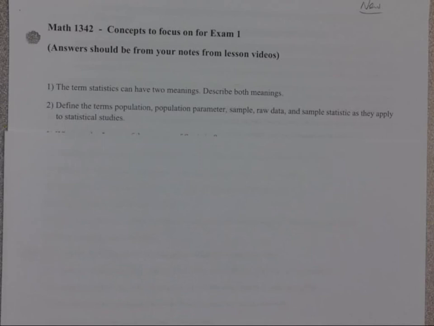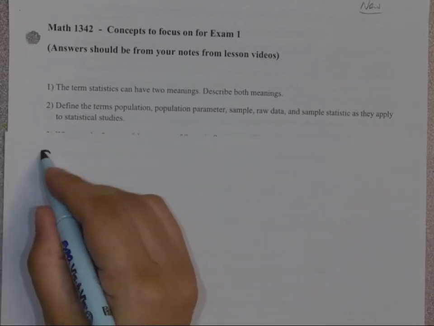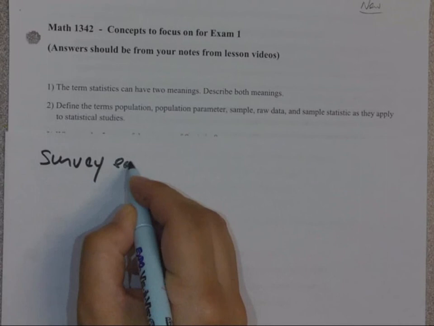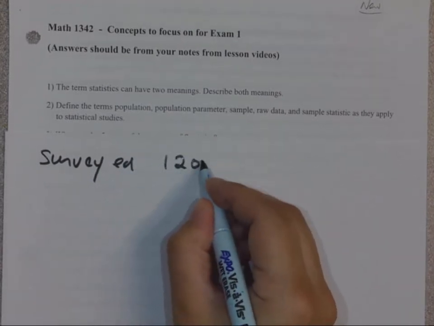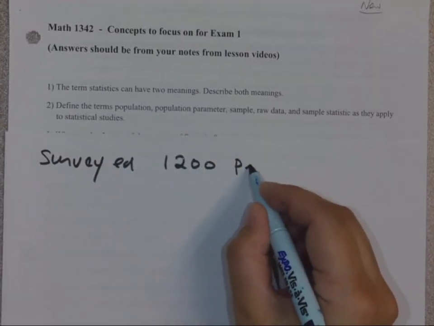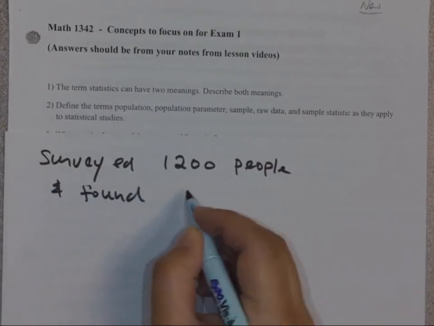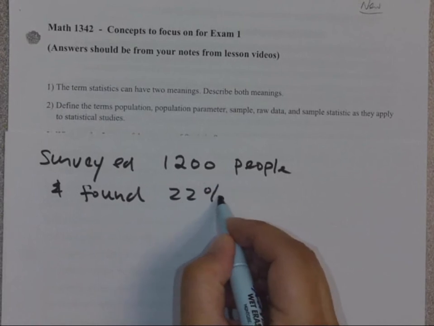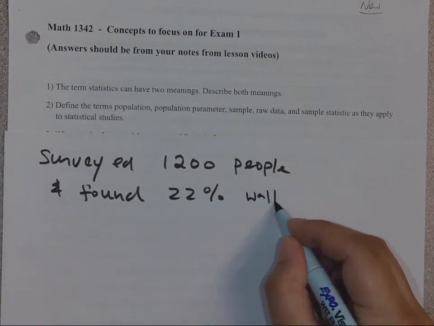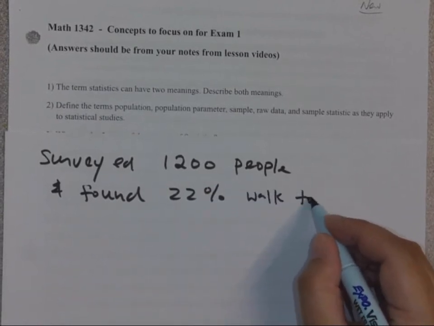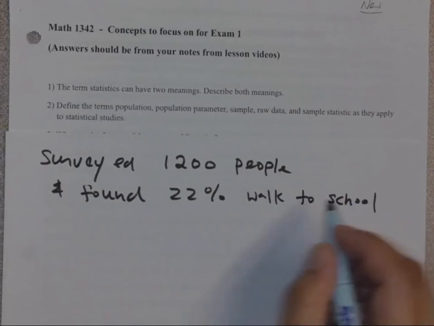Let me see if I have an example. Okay. So if I say that you surveyed 1,200 people and you found 22% walked to school every day.